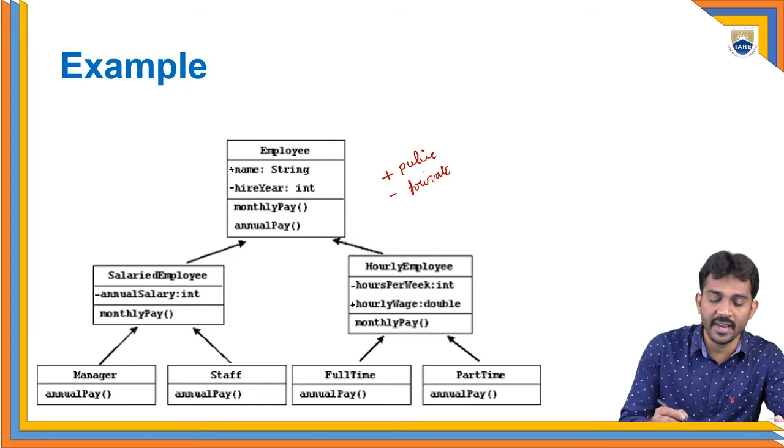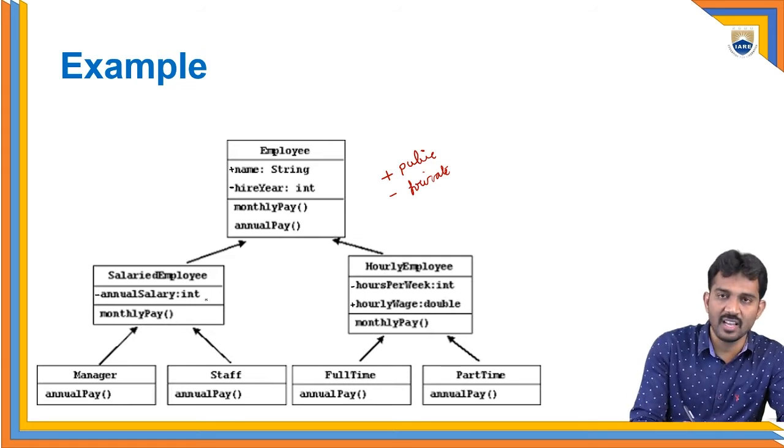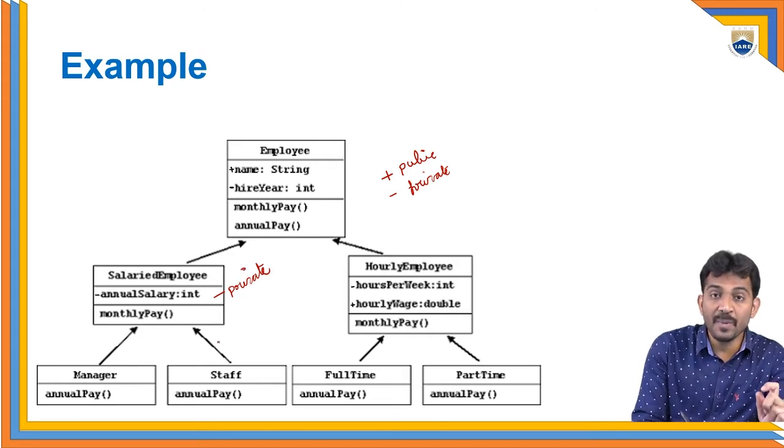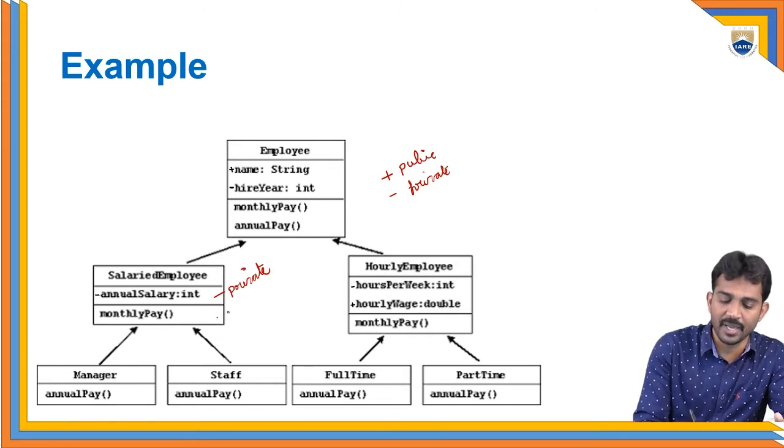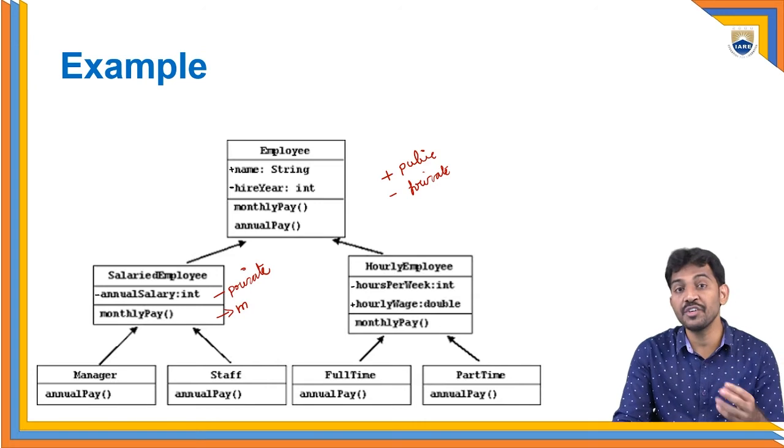In the salaried employee, they have an annual salary. The minus means it is a private variable. And you need to implement the method called monthly pay. Coming to the hourly employee, again you have two variables.